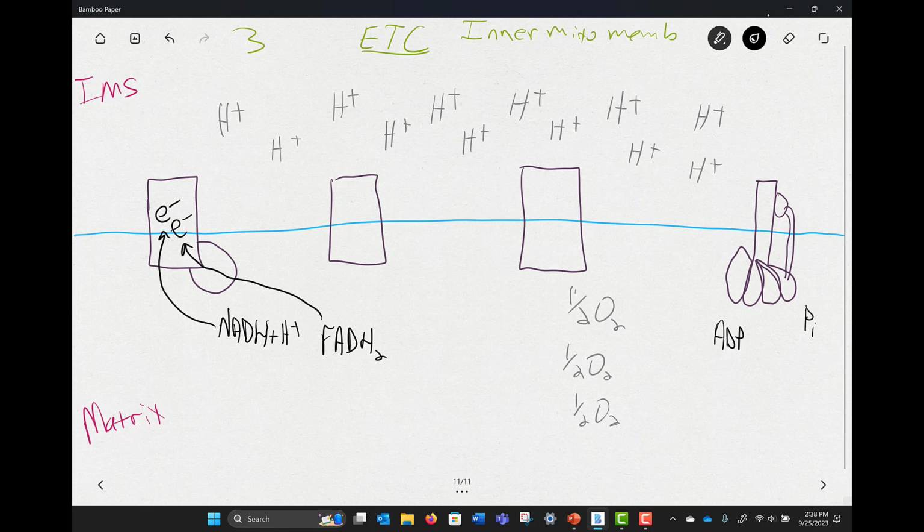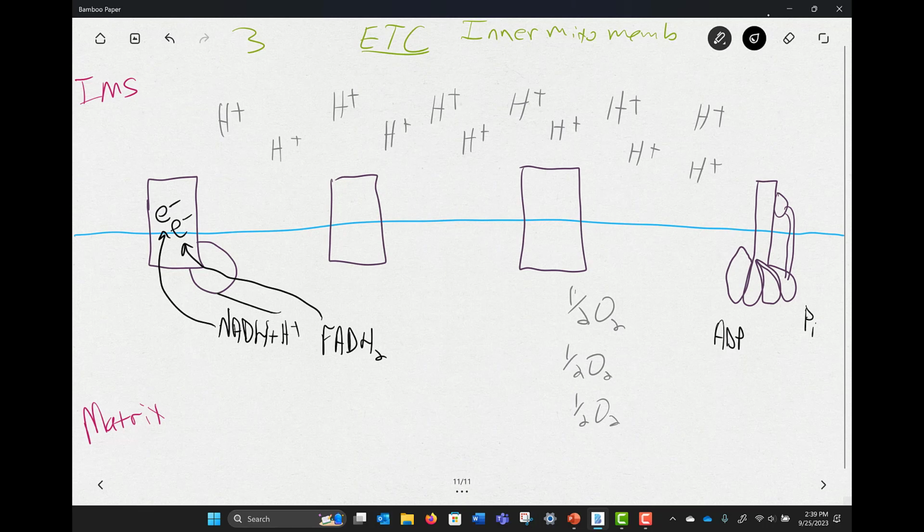Now, I'm going to start really stressing some terms here, and it'll sound silly, but I want to make sure that everyone understands that I'm saying two different things. Those electrons are in the first protein, but remember, NADH plus H plus and FADH2, in addition to carrying electrons, they're also carrying protons. What kind of charge do they have? Positive. What are they attracted to? Negative. So those protons are attracted to the electrons in that protein.